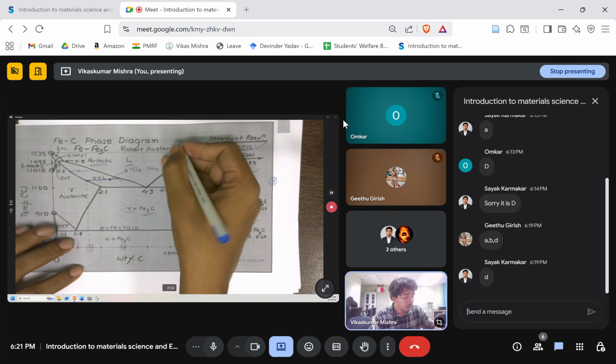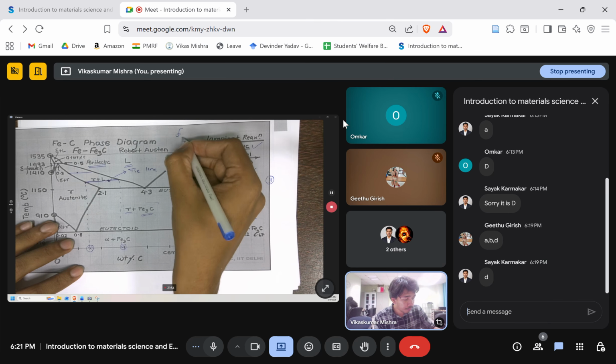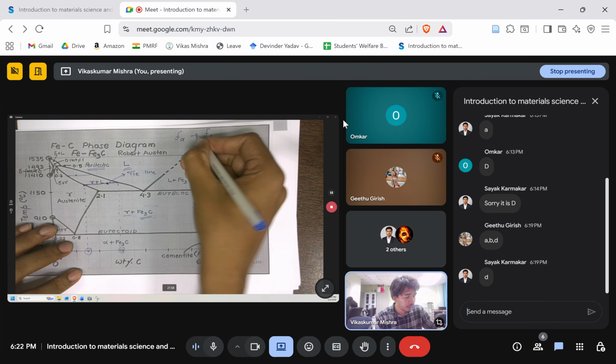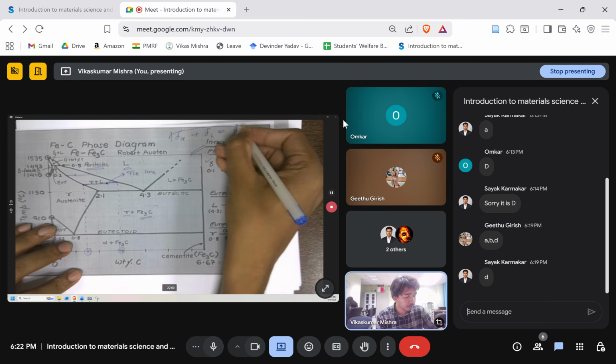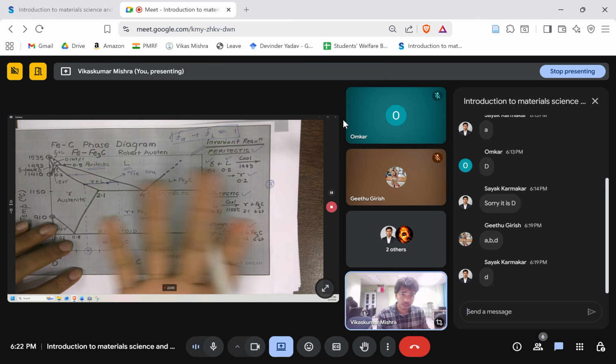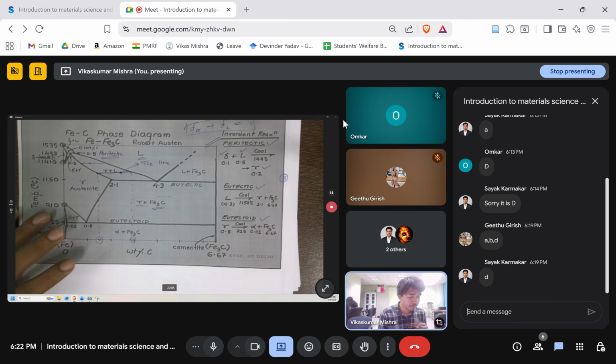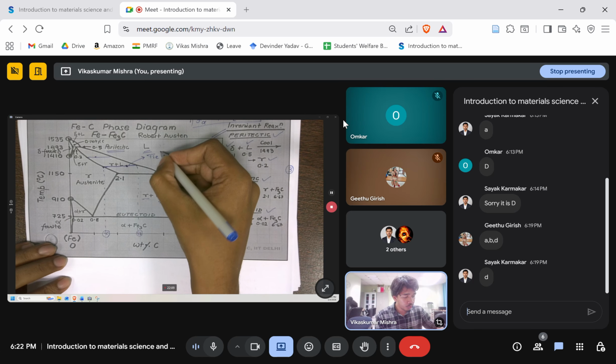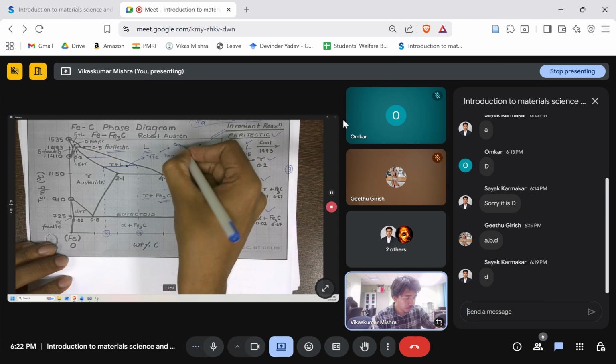Our question is what is the fraction of alpha and what is the fraction of the liquid over here? One thing we are aware of is that the summation is 1. Only these two phases are present, so their addition should equal 1. Now how can we find them? The tie line is used to find the composition.